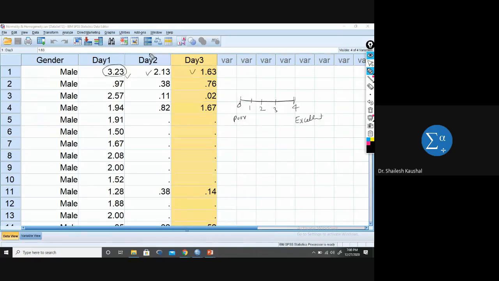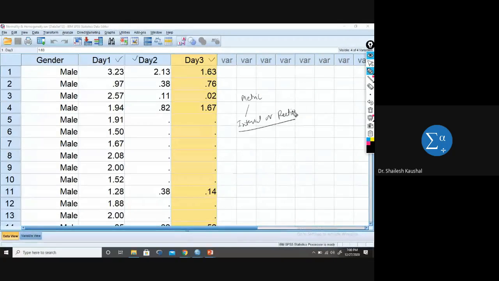Now here we want to check the normality and homogeneity of our data. How to check? These are the variables: day 1, day 2, day 3. We can check normality and homogeneity only for metric data. Metric means our data should be either interval or ratio scale data.